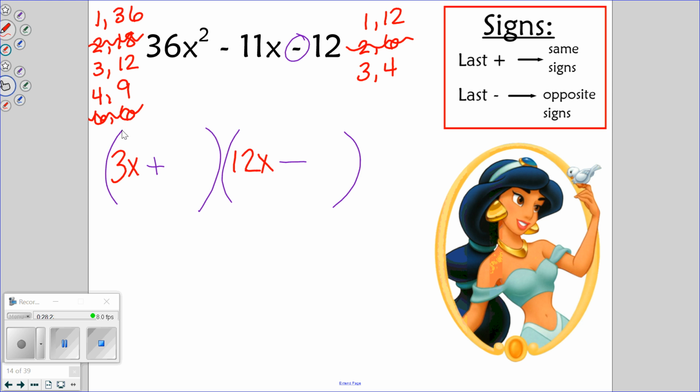Because she said 1 and 12. If she goes 1 and 12, do you see the GCF sitting there? That can't happen. So if I go 12 and 1, then a GCF 3 goes into both of these. So if I'm using 3 and 12, I can't use 12 and 1.